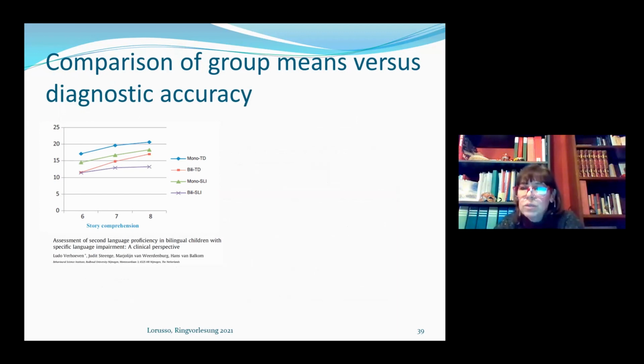So they show that groups of children, groups of individuals with certain characteristics, for example, monolinguals, bilinguals, typically developing, and children or individuals with specific language impairment, differ in some measures. But differ means that I take the average measure in one group and the average measure in another group, I compare them and I find a significant difference.